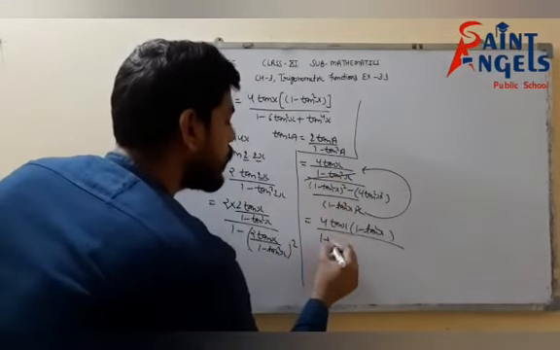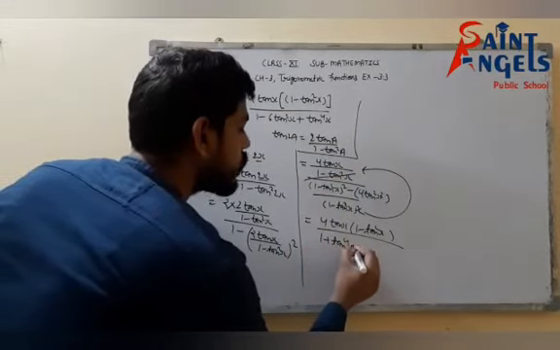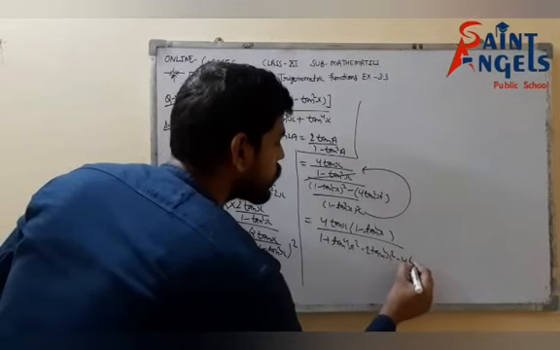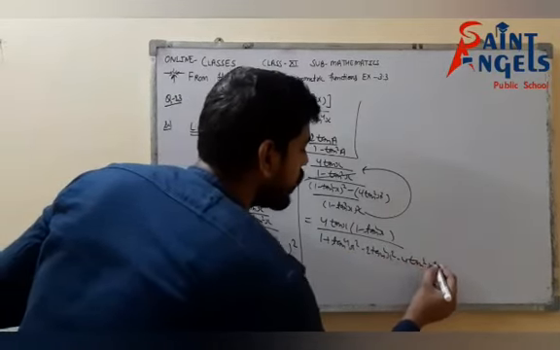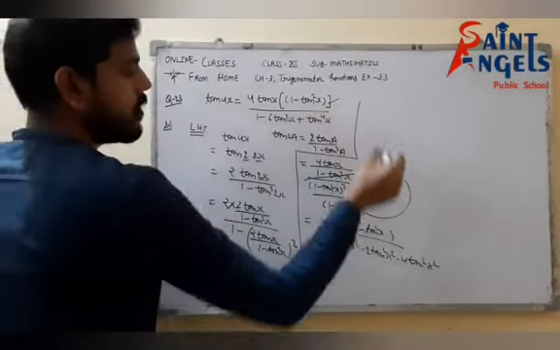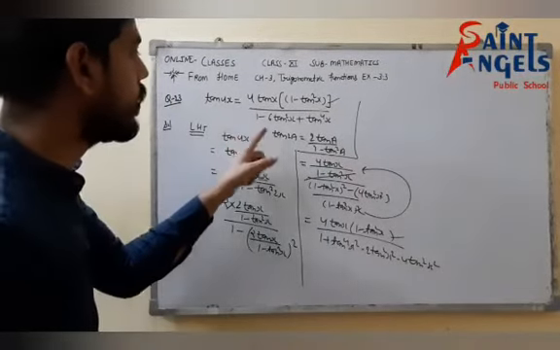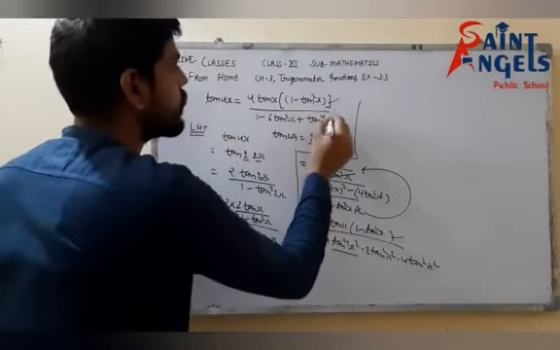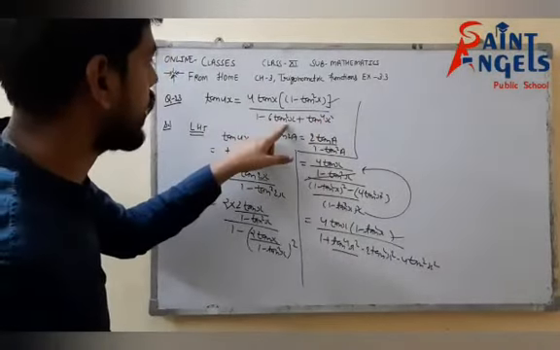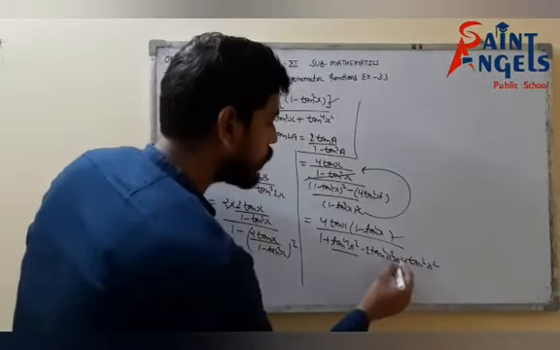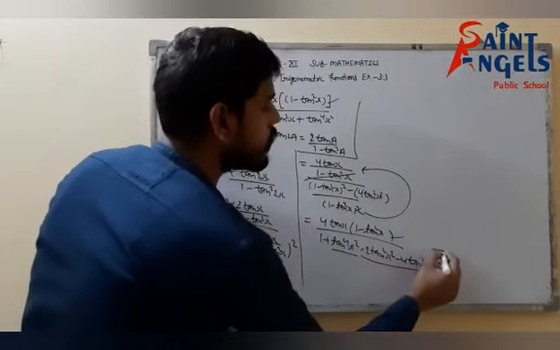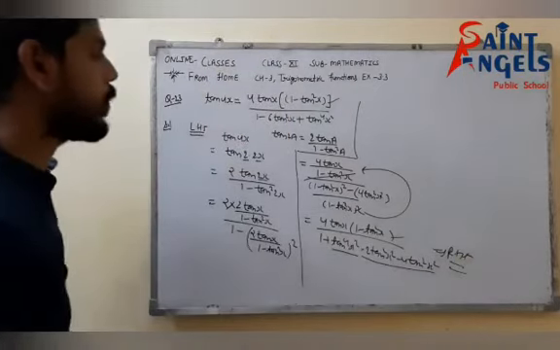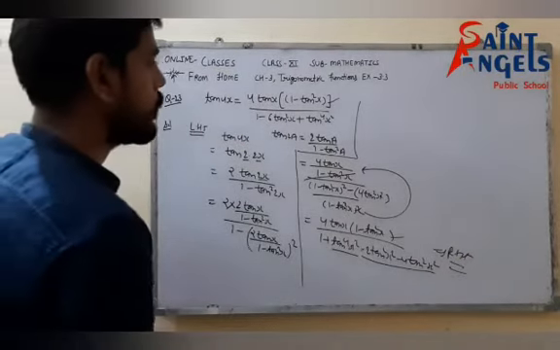So that would be 1 plus tan to the power 4 x, minus 2 tan square x, minus 4 tan square x. So the numerator is similar in the denominator: 1 plus tan to the power 4 x, minus 6 tan square x. So beta, minus 4 minus 2, that would be minus 6, equals RHS. Okay beta. Now please pause the video and note it down.